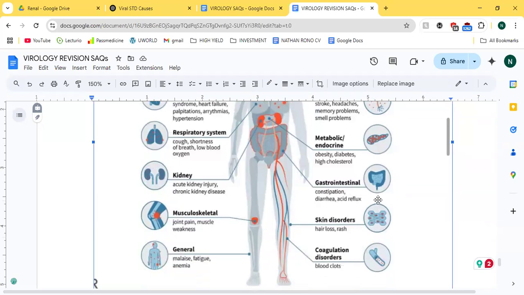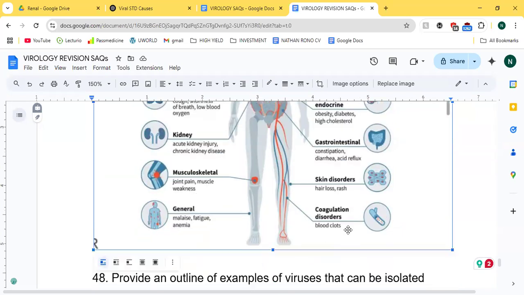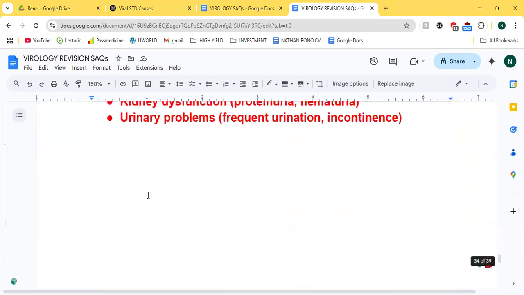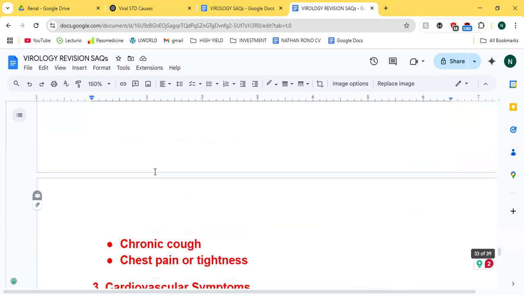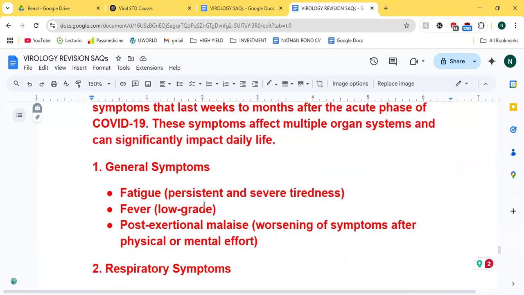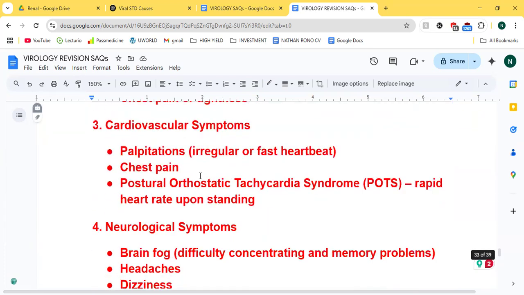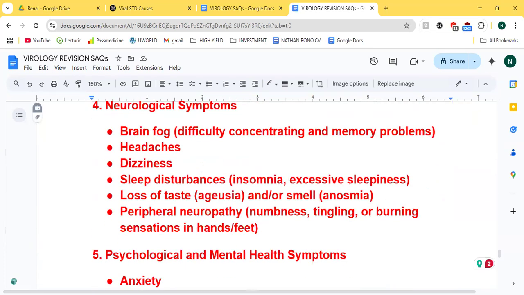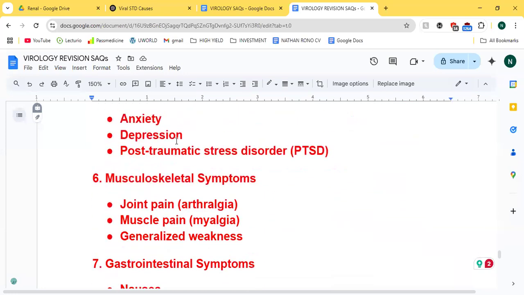GIT: constipation, diarrhea, acid reflux. Skin: hair loss, rashes. Coagulation disorder, so this is hematological: blood clots. Then general, we have malaise, fatigue, anemia. That was the diagram. Here is the theory. I'd written it down, so as I send the notes, you're going to go through them.